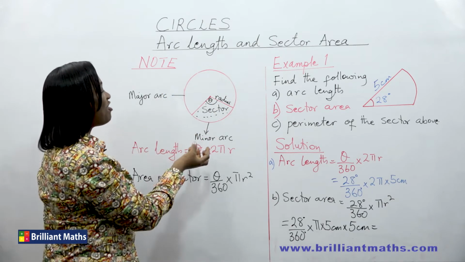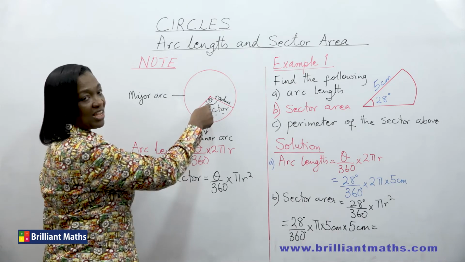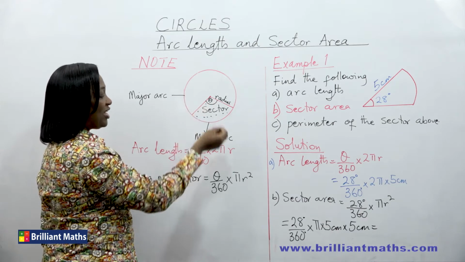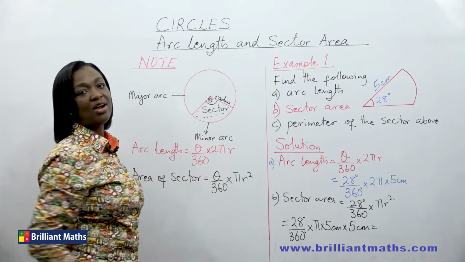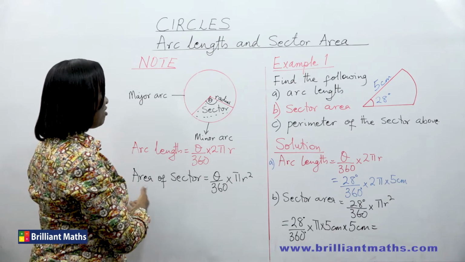So to find the area of the sector, you use the angle at the center, which is a fraction of 360, and multiply that by the area of the circle to find the area of the sector.